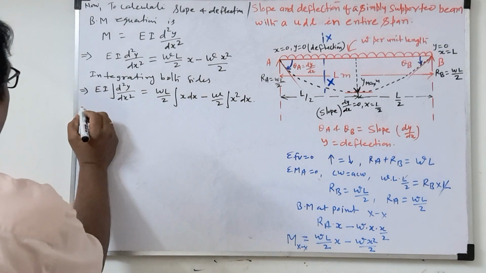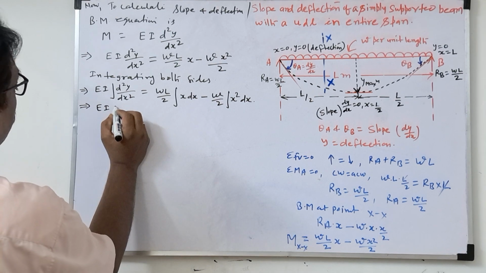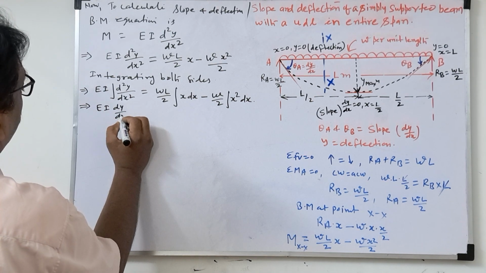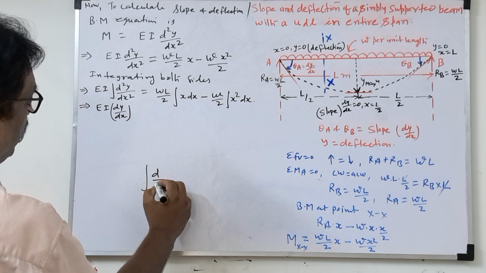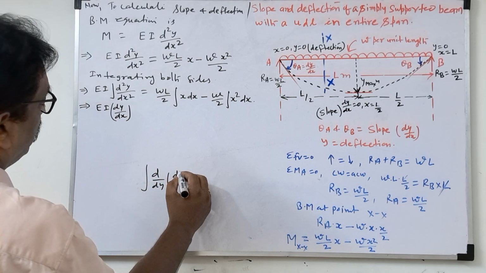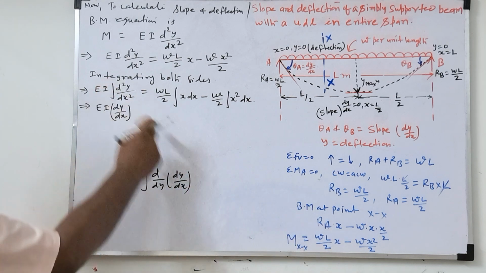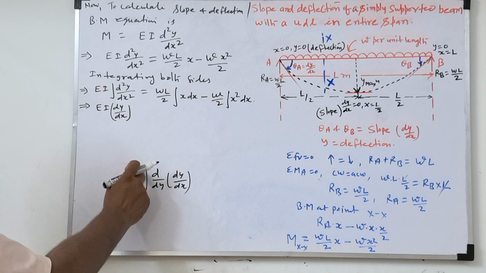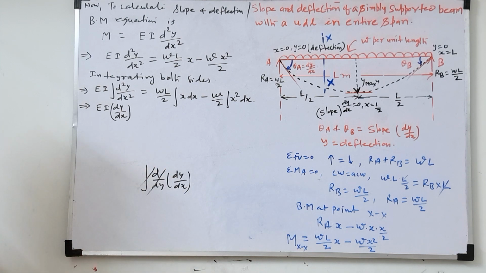Now we'll integrate. What will be the integration? See here, EI dy by dx will be here. How does this come? See here, we can write d by dx of dy by dx, because d square y by dx square is the same. This is integration, this is differentiation. So integration and differentiation are inverse operations.